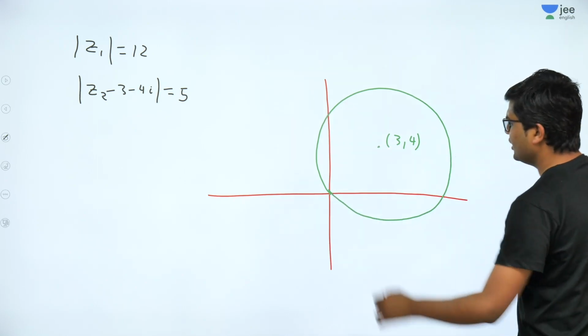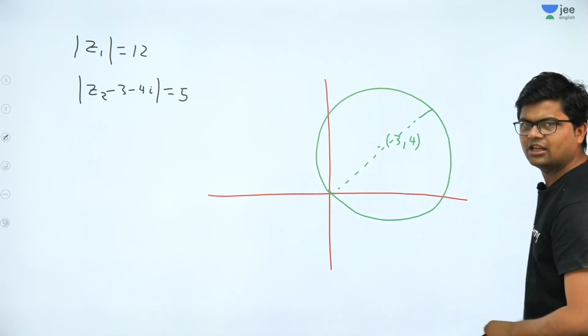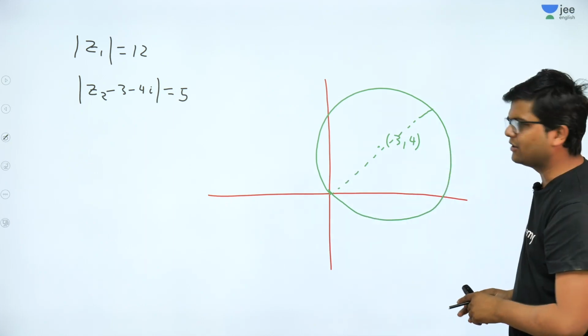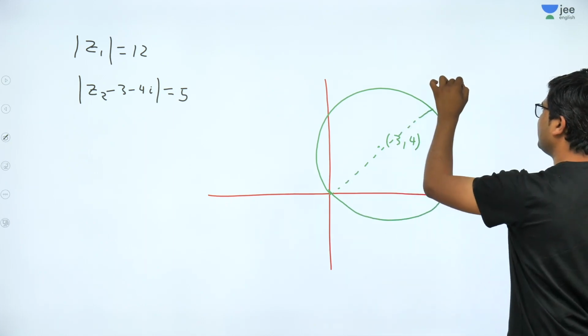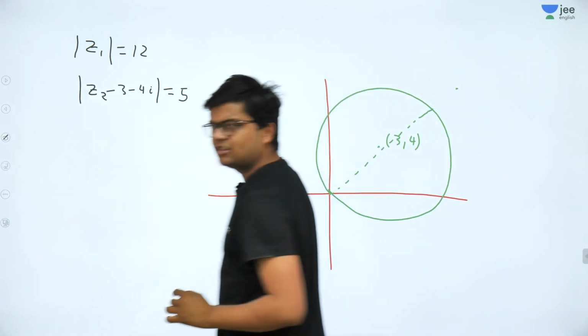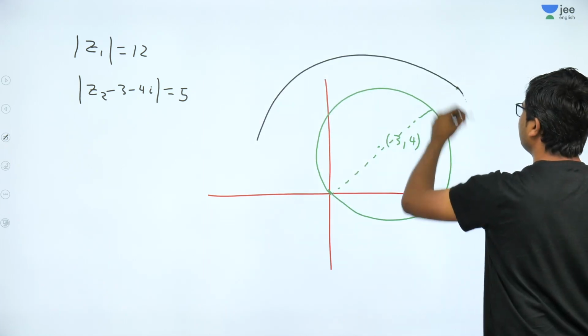So radius 12. Can you tell me this length? This is the diameter of this circle, na? This length will come out to be 5 plus 5, 10. Got my point? Very good. So it means 12 is the bigger radius. So that circle will not touch, will not cut this circle, and it will have a radius of 12. That will be something like this.